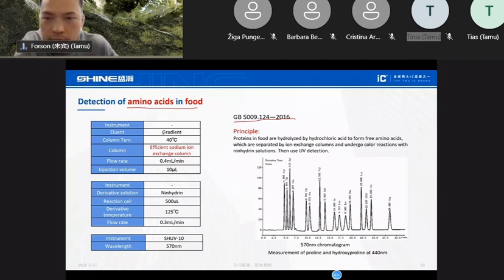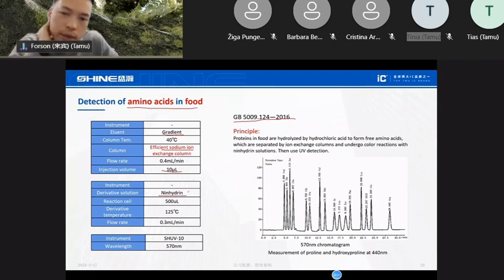So I just found that the method uses gradient, and the column must be the efficiency sodium ion exchange column or the lithium one. Only these two columns. One is sodium, another is lithium, and the flow rate is 0.4. Injection is 10 microliter.